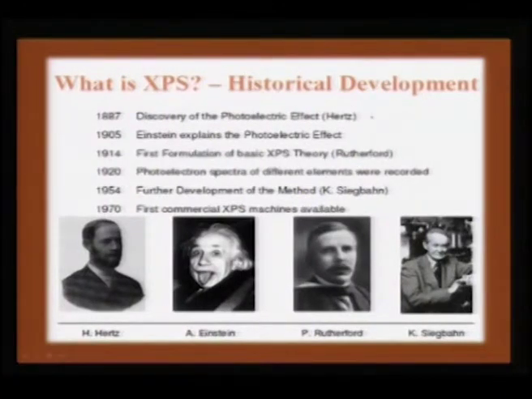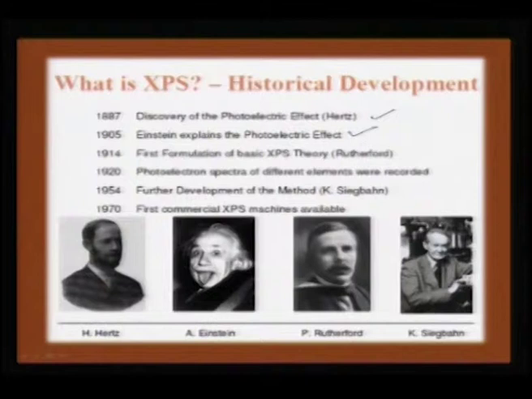In 1887 the photoelectric effect was discovered, and this was not explained by classical physics, because what we saw from the photoelectric effect was not commensurate with the existing theory about light.